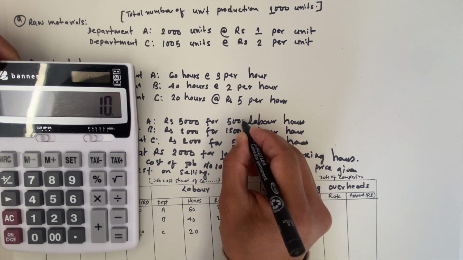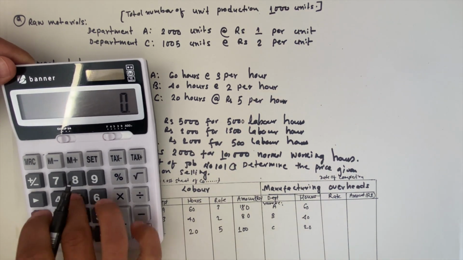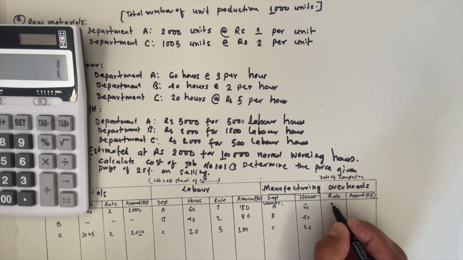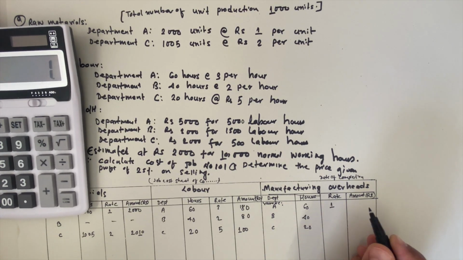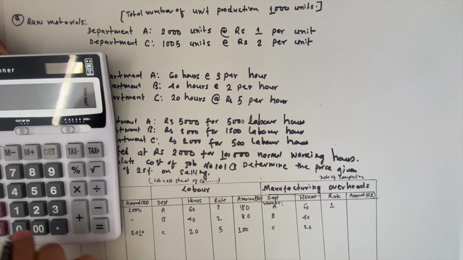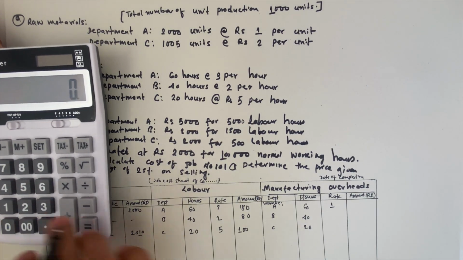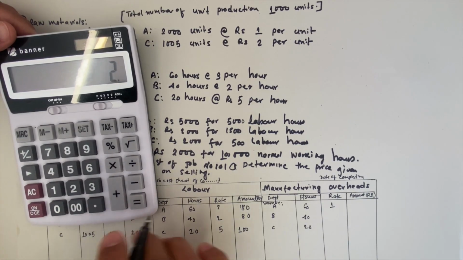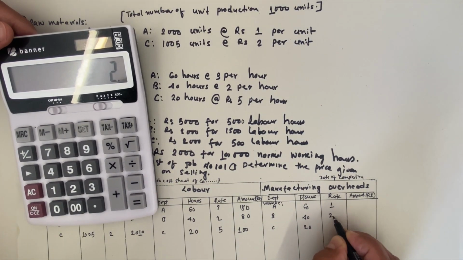It is actually 5,000 divided by 5,000, we get here rate is 1. Then let's divide 3,000 by 1,500, we get the rate is 2.